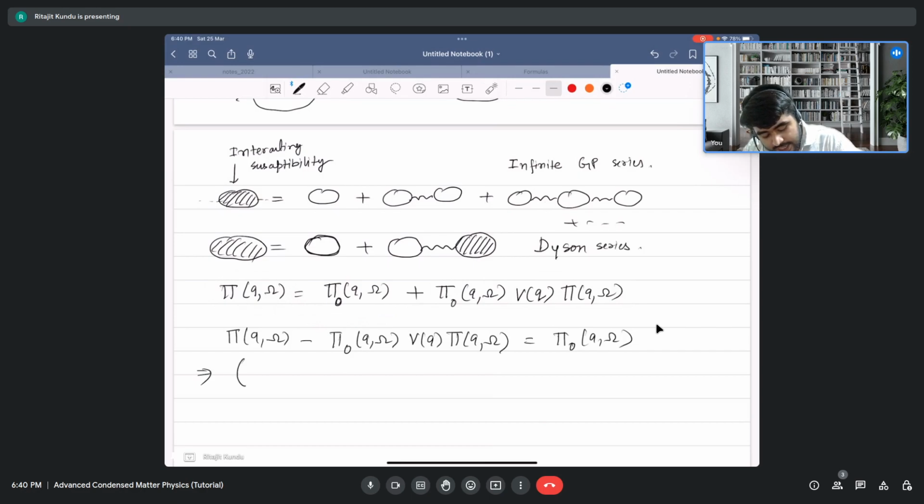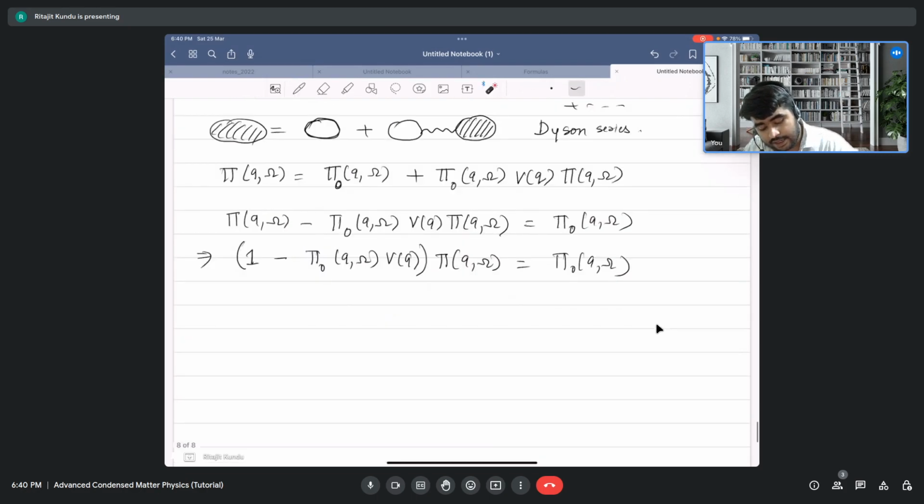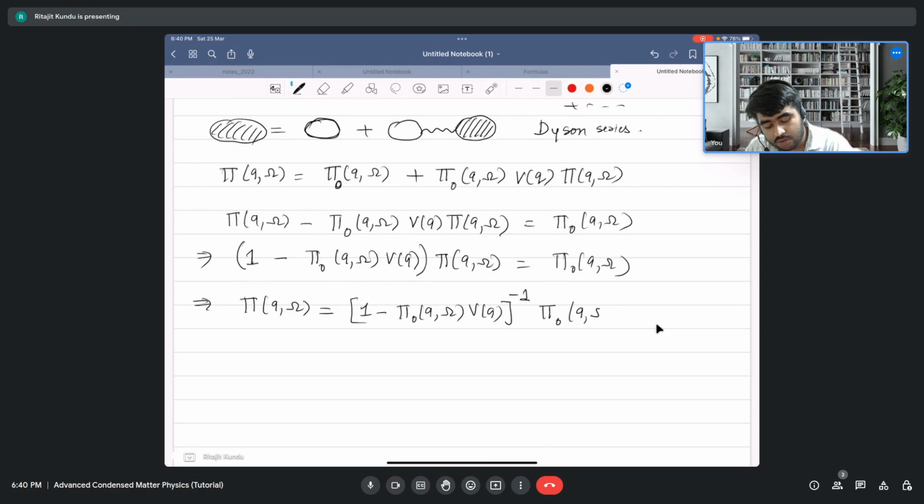Now you can see that I can take this pi common, and now I can just invert this, bring it to the other side, and that will give me the solution. So pi of Q and omega is given by 1 minus pi naught Q omega V of Q, inverse, times pi naught Q omega. Now this is the solution for the interacting susceptibility.